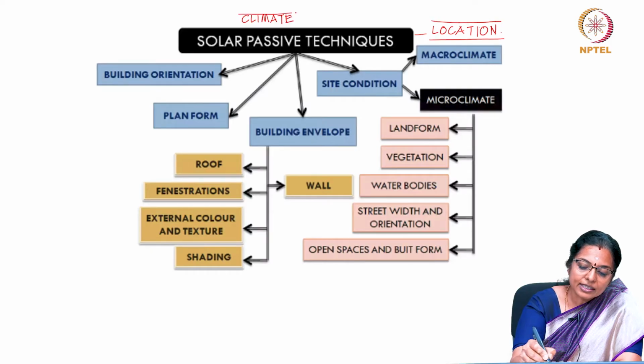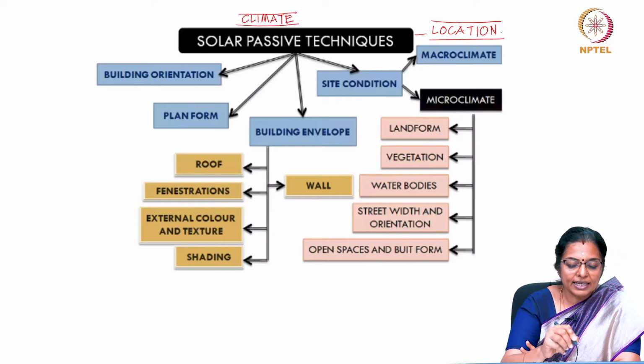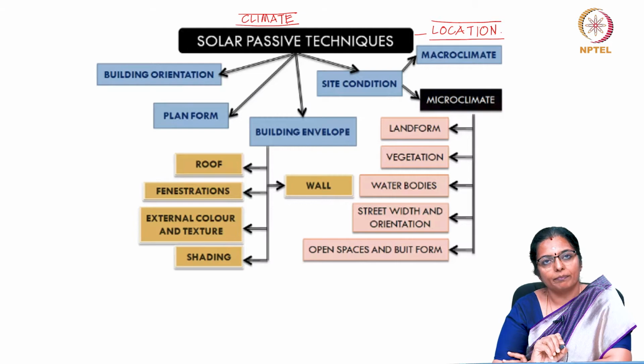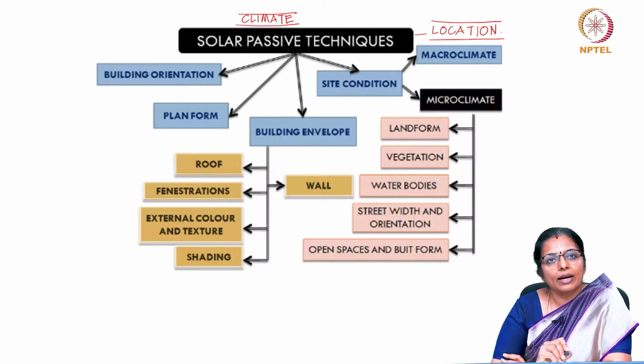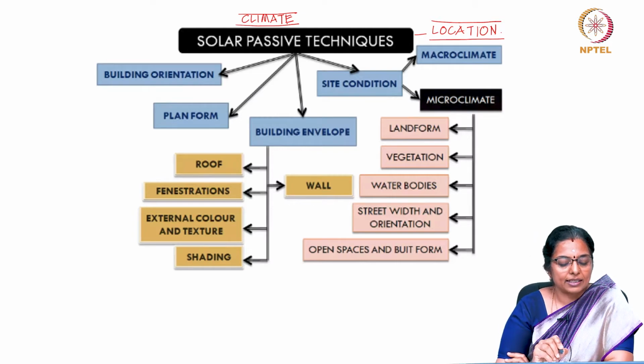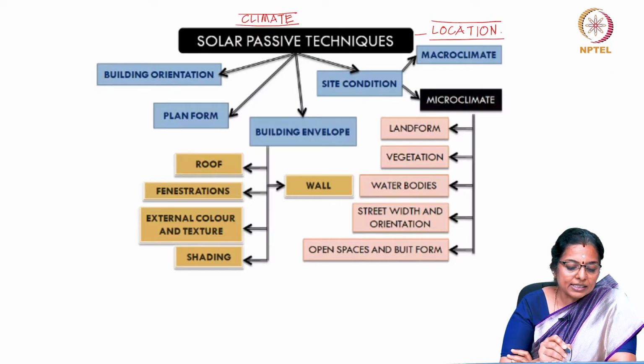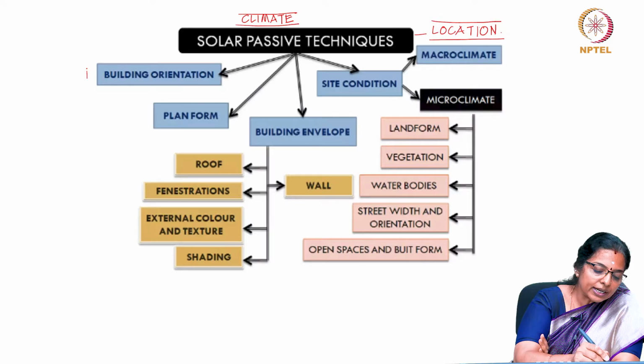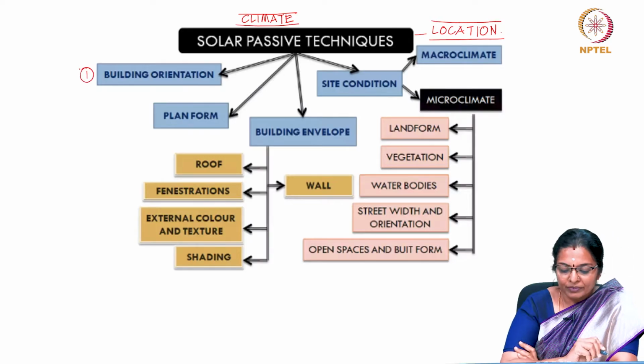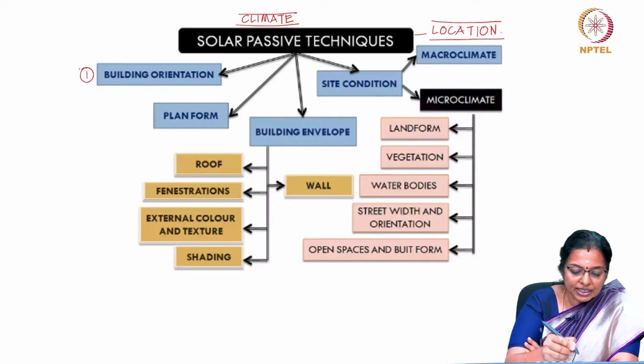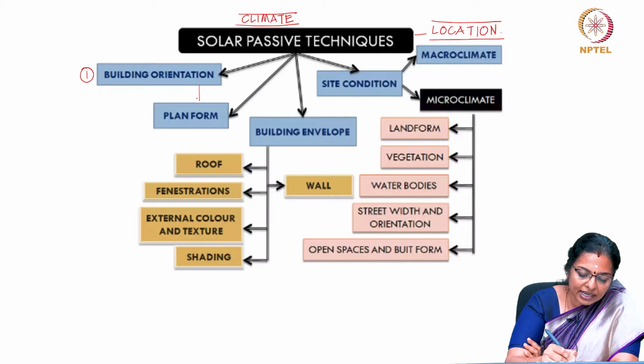Now, let us see what are the techniques very briefly so that we have enough time to delve into the techniques. First is building orientation. So, how do you orient a particular building? And building orientation is directly related to the plan form.